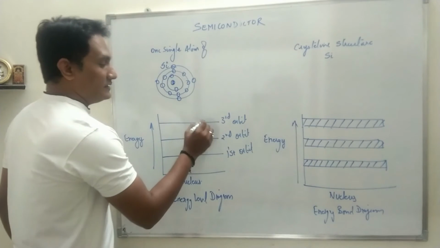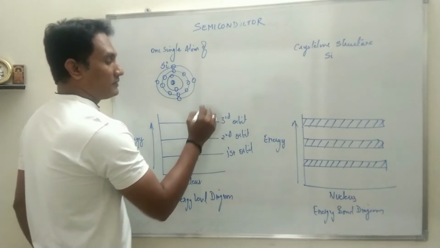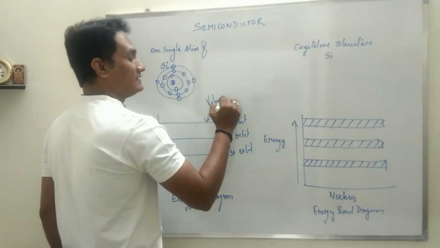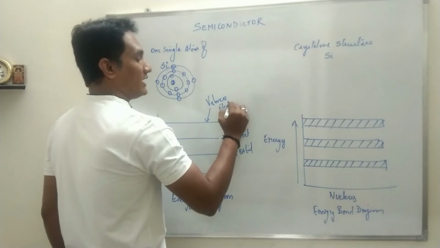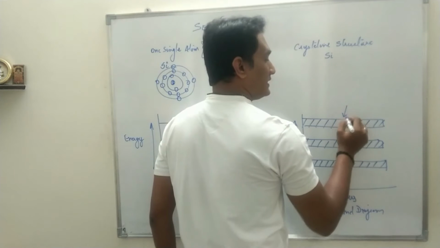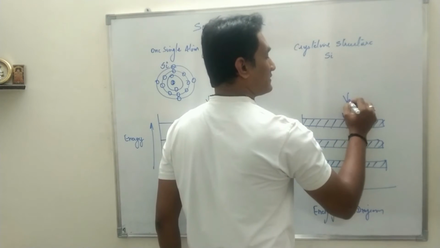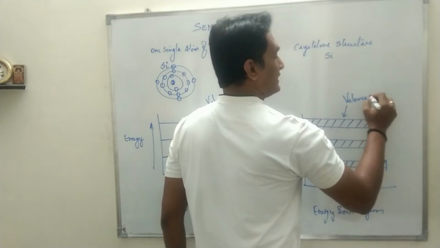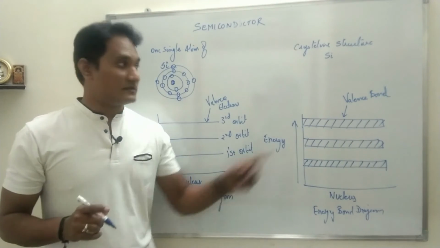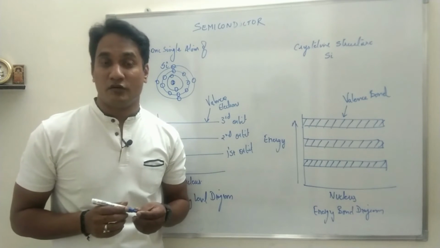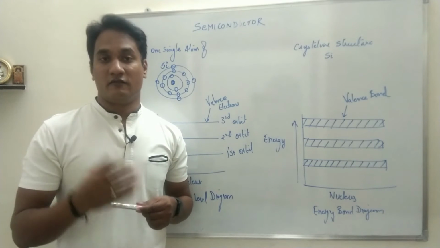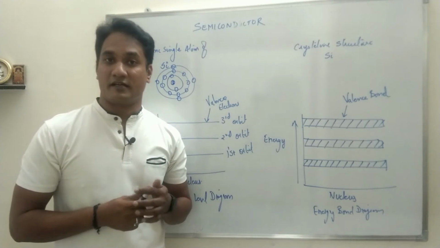So the electrons present in the outermost orbit, in the third orbit in case of silicon, are called valence electrons, and the energy associated with the valence electrons is called valence band. Okay, so this is a very important terminology, because we are going to use this term many times in further explanation of semiconductor devices.